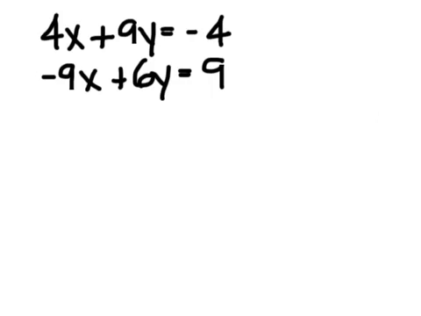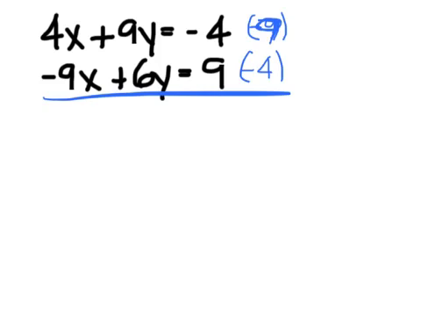For the practice problem, I'm going to multiply the top by a positive 9 and the bottom by a -4. So on top I would get 36x plus 81y equals a -36.